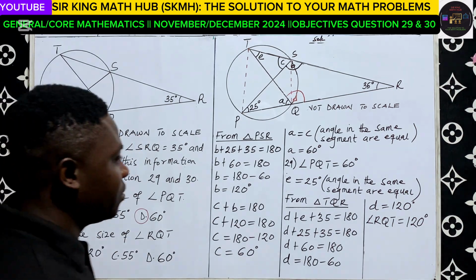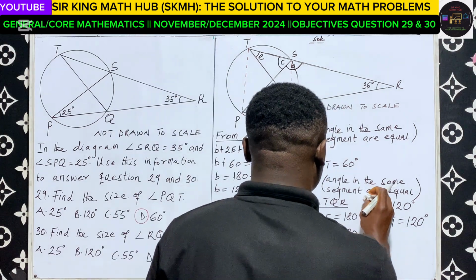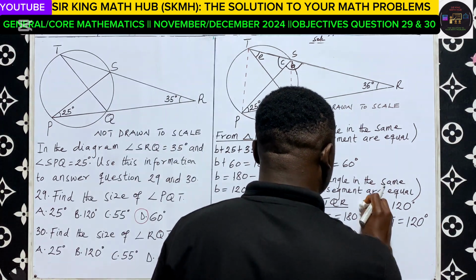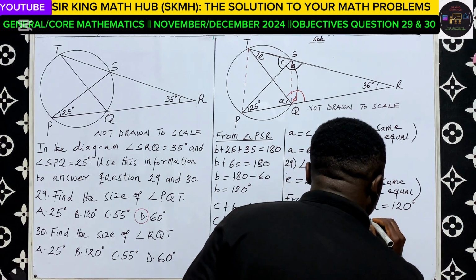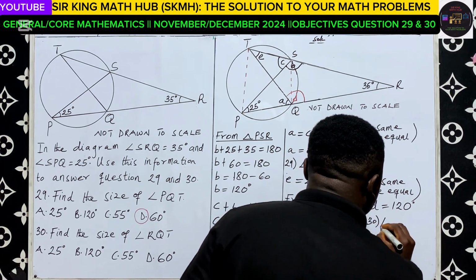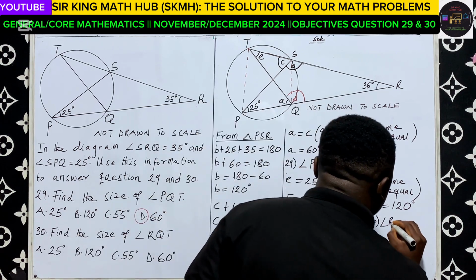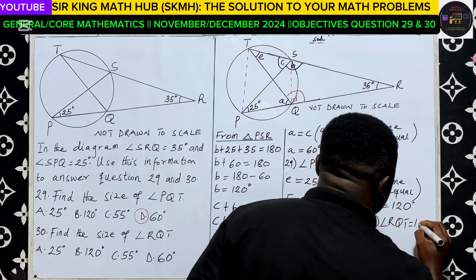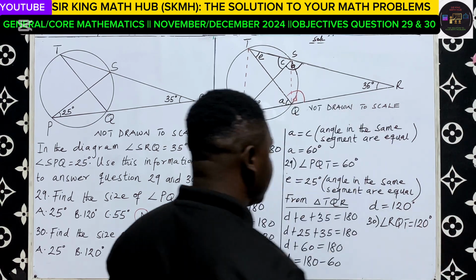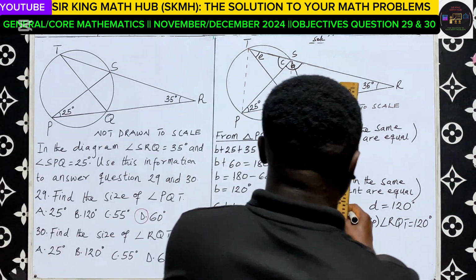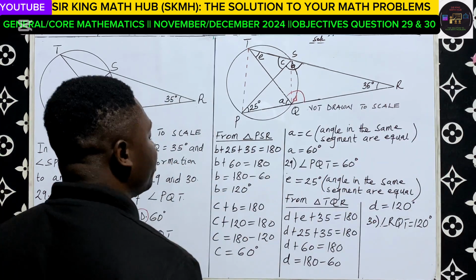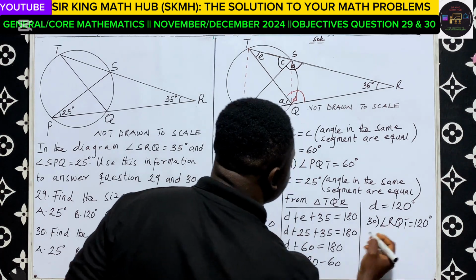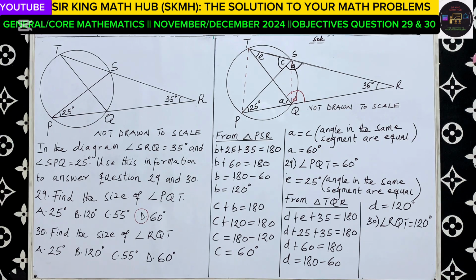So for question 30, angle RQT is equal to 120 degrees. What is the right answer from the alternatives given? The right answer is option B.